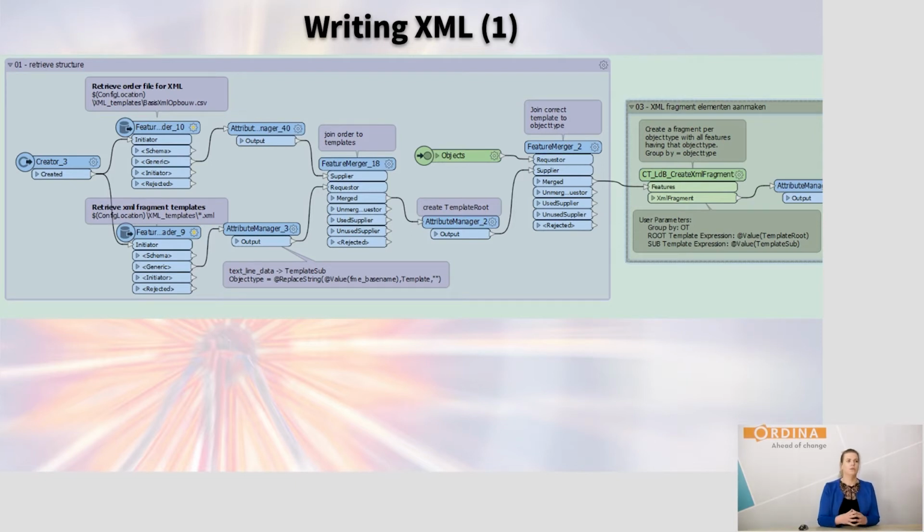So we then merge those two. So we have both the structure and the template to create the fragment. And based on the object type, we then merge it to the features coming in. So each feature has an object type, it knows what it belongs to, and then it also has an attribute with the template expression.